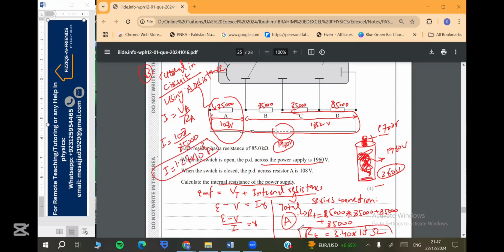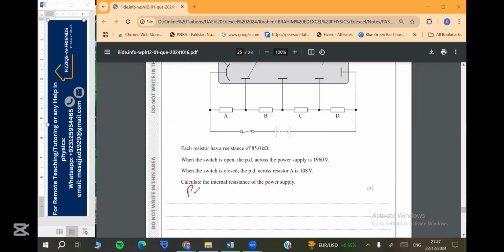Now you have the total resistance and you have the current as well. So what should be the potential difference across the other components? R total and I is 1.27 into 10 raised to the power minus 3 amps. Now V equals I R total, right?